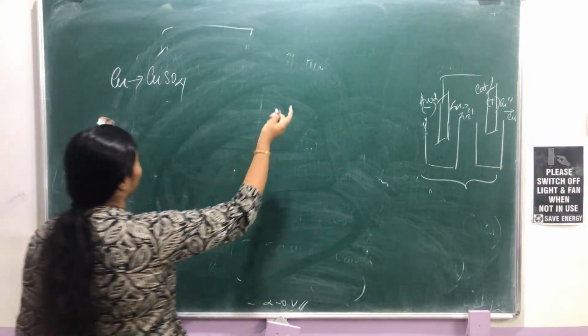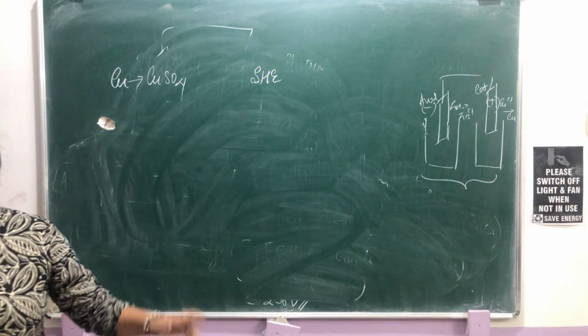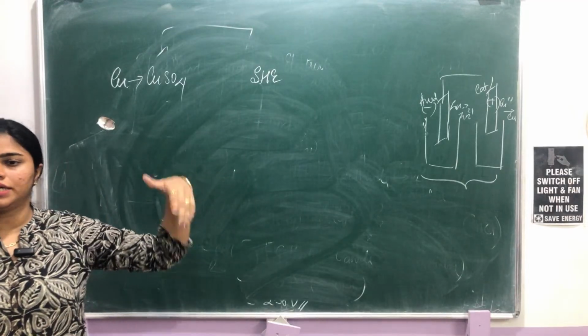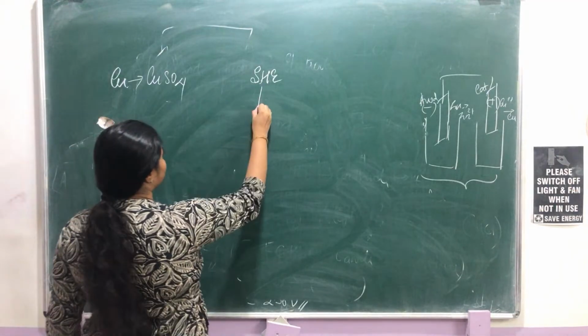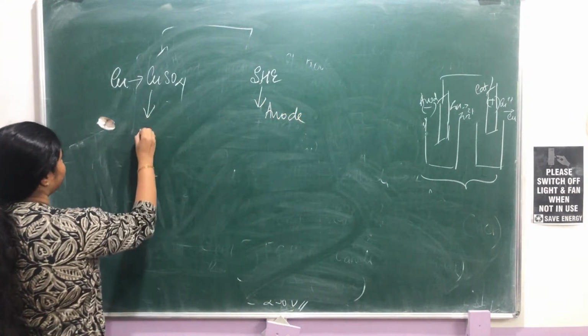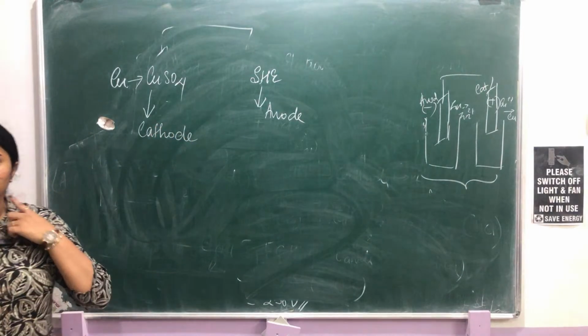CuSO4, in one more beaker, what is it? SHE. Now I don't know which is to be what. So the scientists decided that now SHE will be taken as anode and this will be taken as cathode. They reversed it to check whether it will still work or not.